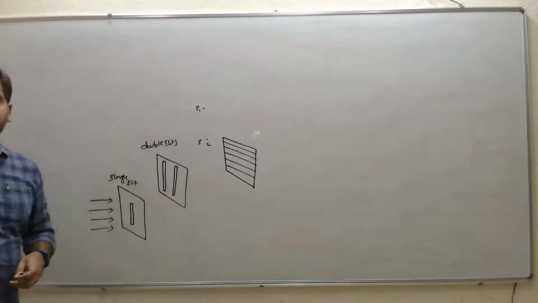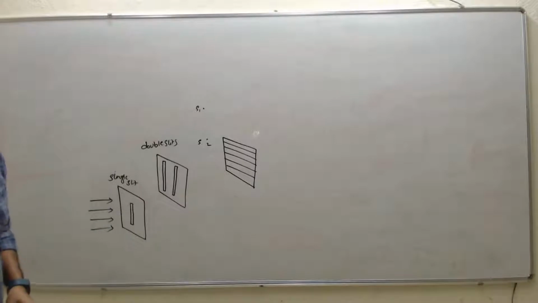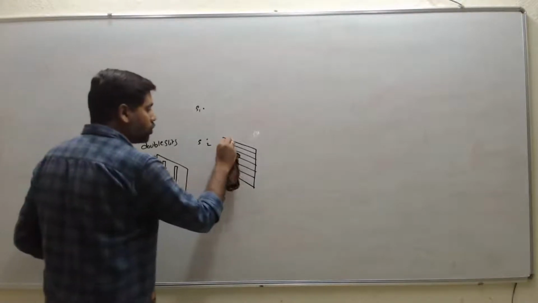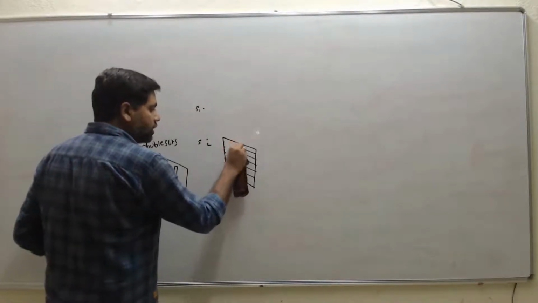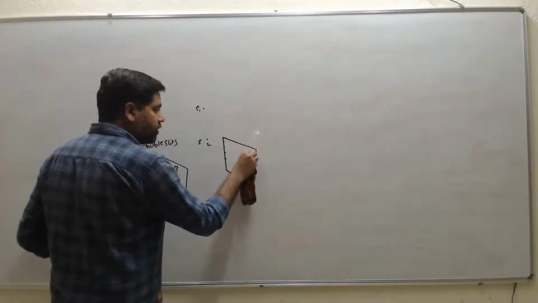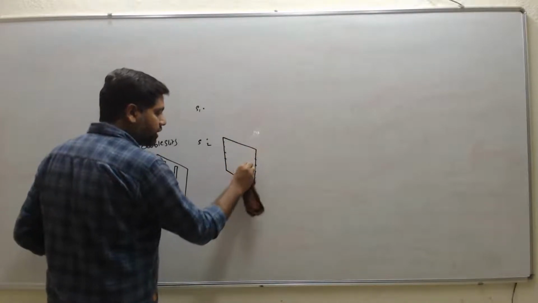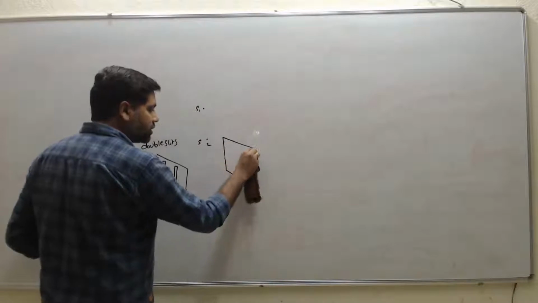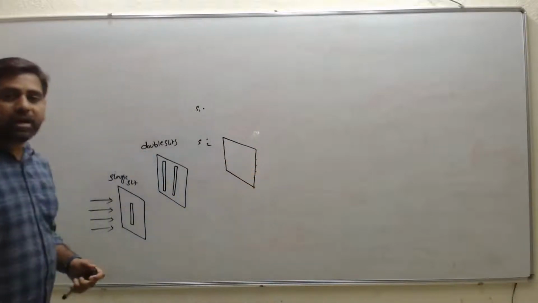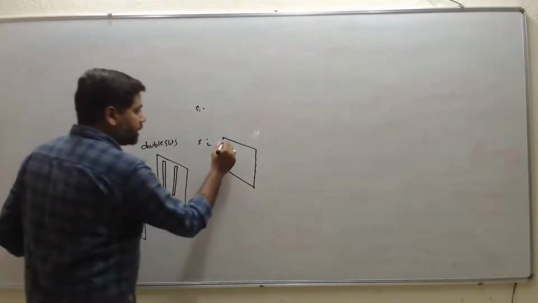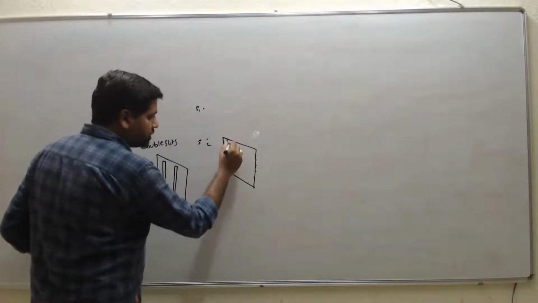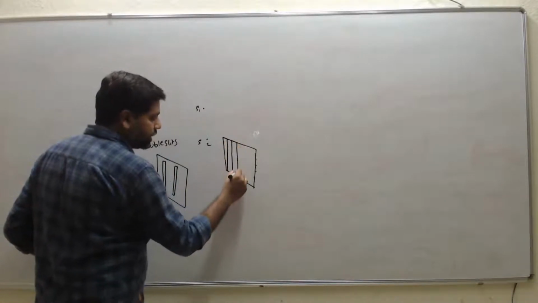So here also we get the interference pattern, with intensities that are higher compared to that of the point sources. We get the interference pattern in a similar manner, in straight lines, alternating bright and dark bands like this.